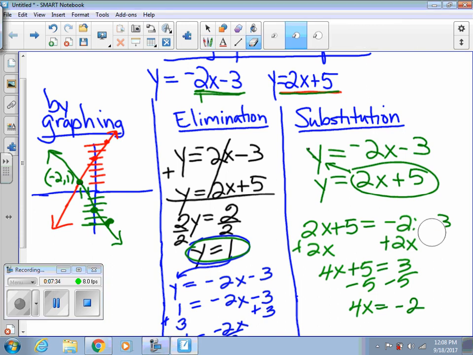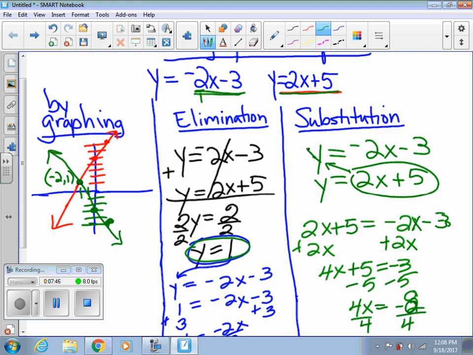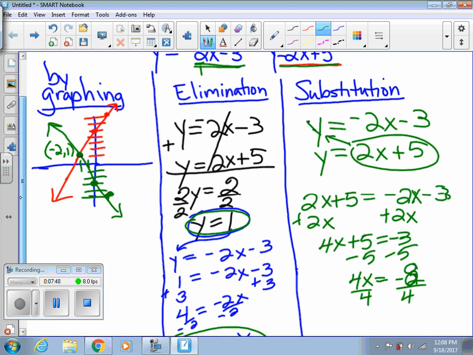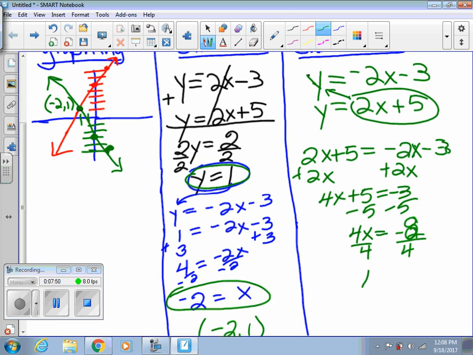Actually, this is a minus 3. I wrote it down wrong. So this is a negative 8. Divide by 4, and I get x equals negative 2, which is what I got there. So using substitution, we end up getting the same answers.